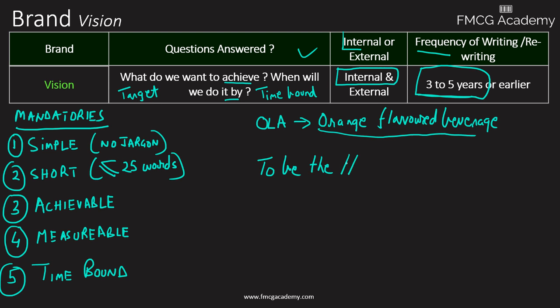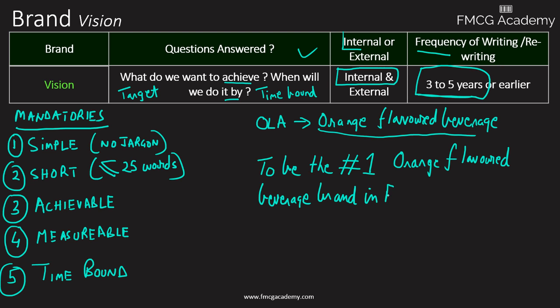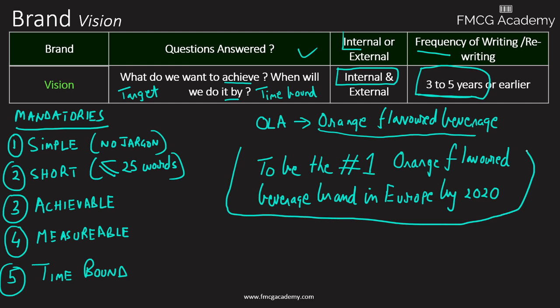So we could say to be the number one orange flavored beverage brand in Europe, for example, by 2020. So that could be a pretty simple vision statement.